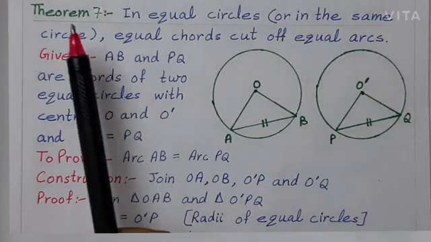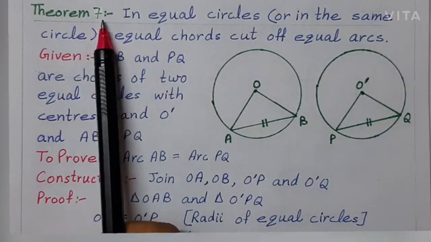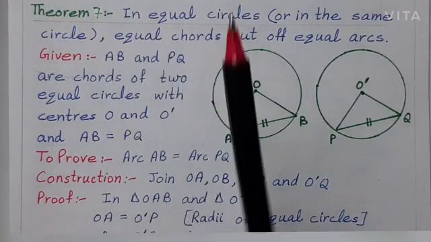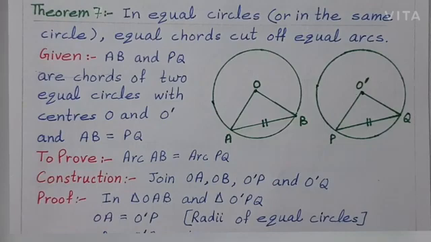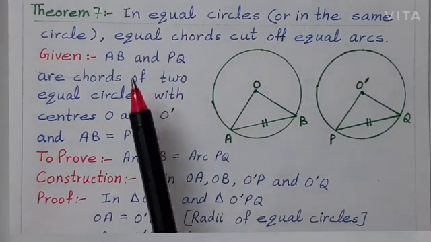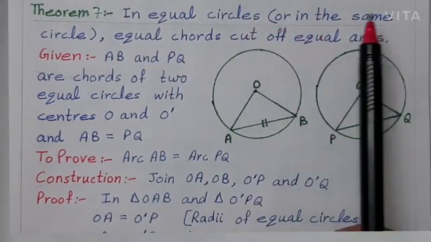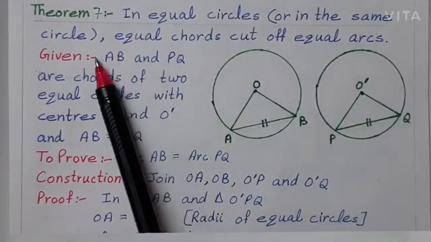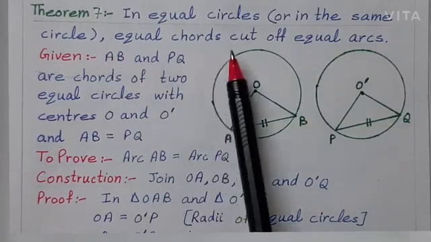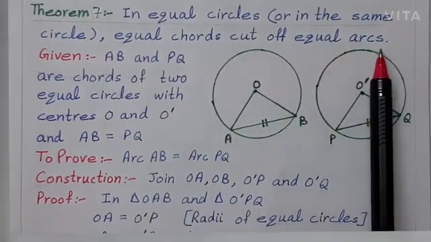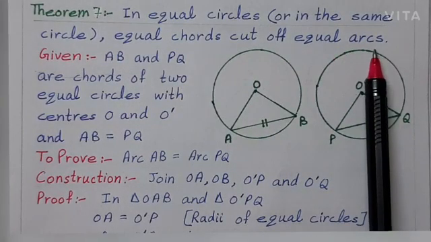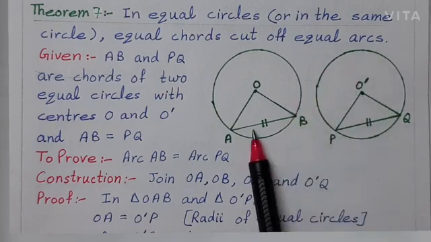Students, this is theorem number 7 of your book, which is at page number 7 in your assignment. It is in equal circles or in the same circle, equal chords cut off equal arcs. Clear? So what is given?